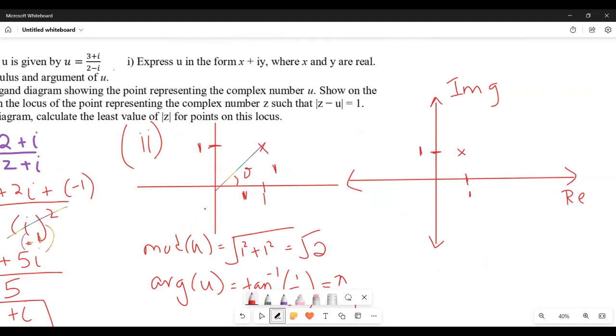So here is the point U. Also, you have to plot the locus of points representing this. So that's a circle whose center is U and radius is 1. It's going to be a circle with radius 1, something like this. This is going to be 2. That's going to be 2 here as well.